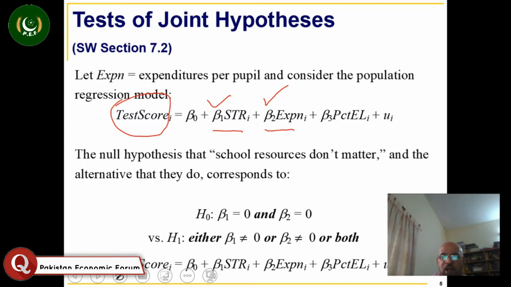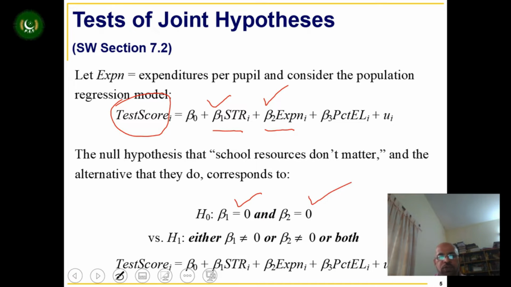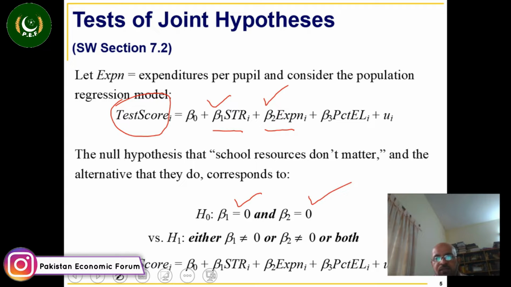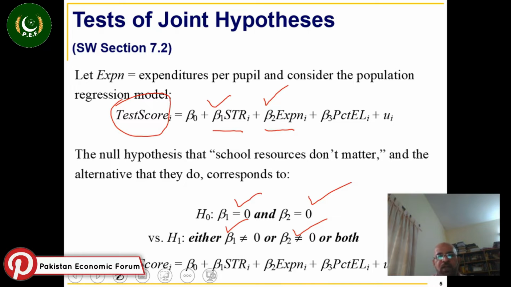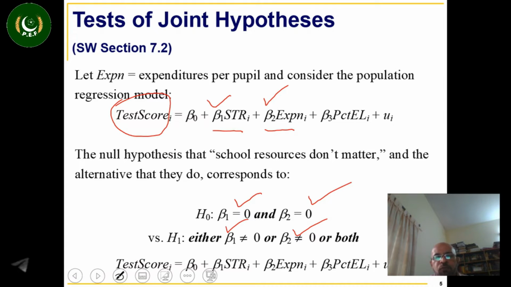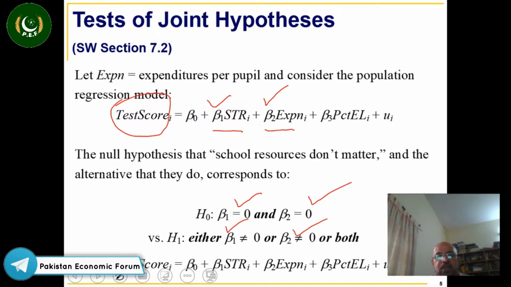So our null hypothesis is beta 1 equal to beta 2 equal to 0. The alternative, the educational superintendent's claim, is that at least one of them is not 0: either beta 1 is not equal to 0, or beta 2 is not equal to 0, or both are not equal to 0. Why can we not apply the t-test on these models? That's what we are going to discuss here.